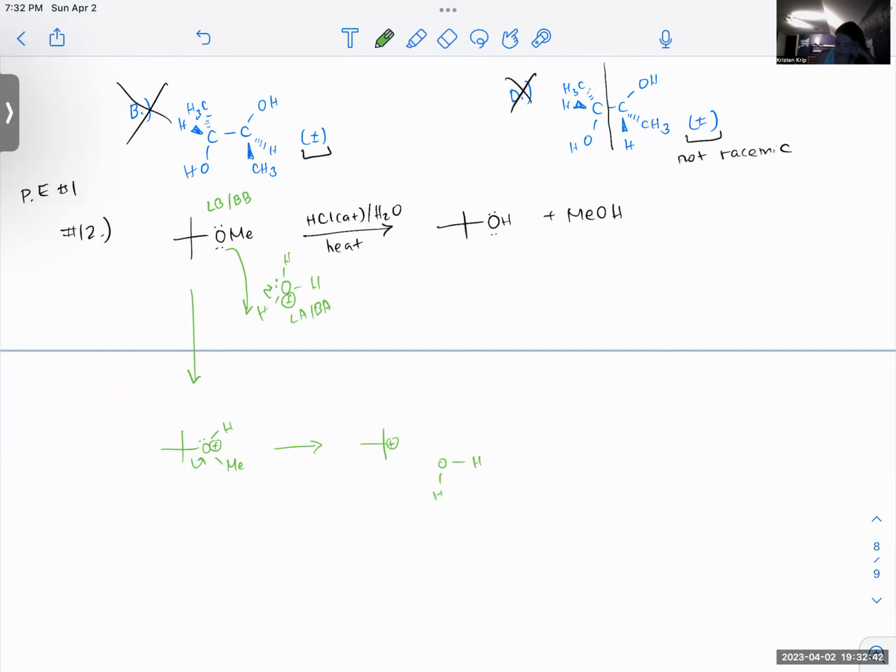We also have water in our solution. So water is going to come in here and it's going to help itself and attack that carbocation. And that makes this our Lewis acid. And then this is our Lewis base.